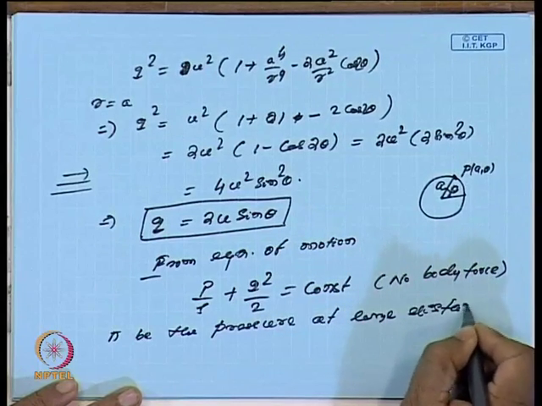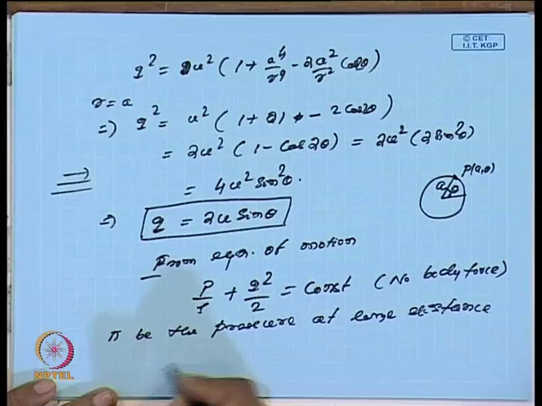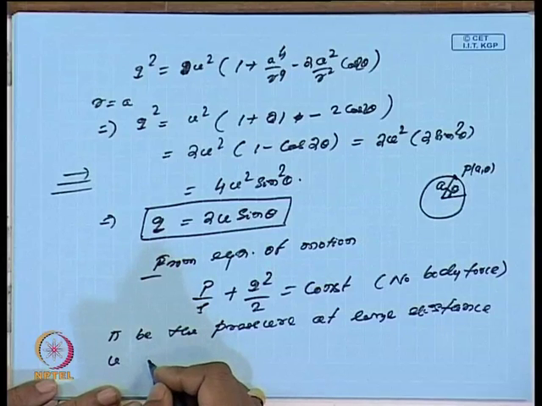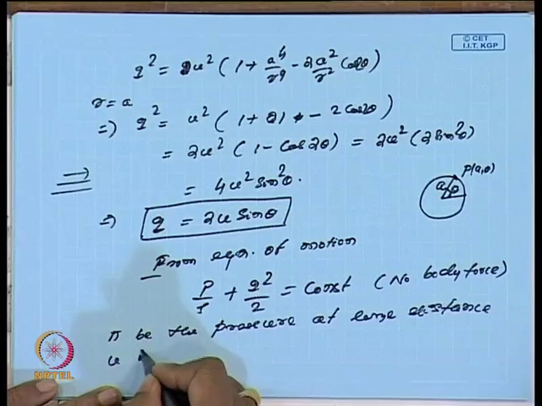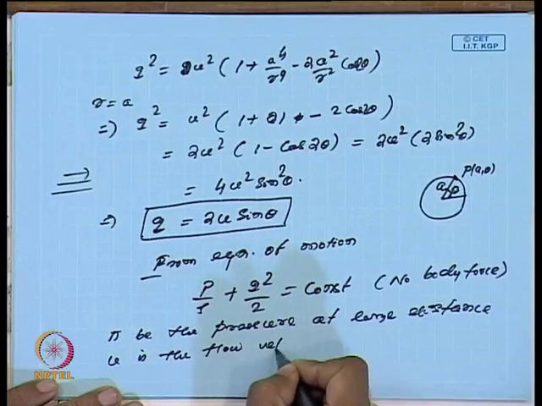at large distance, and let me say, because the flow is uniform, and already I know that u is the flow velocity.